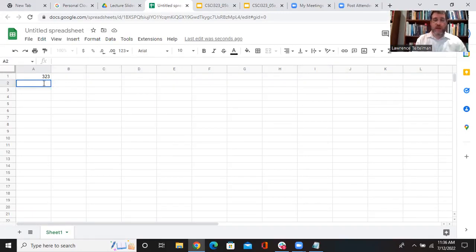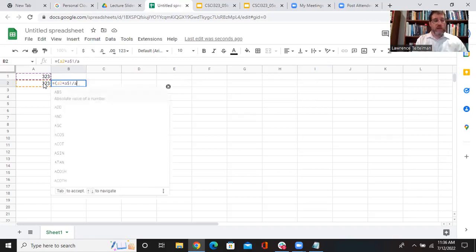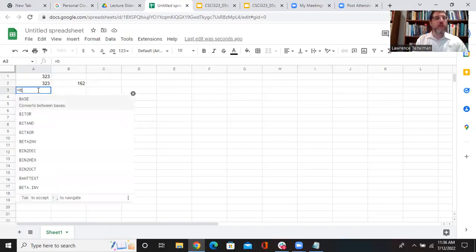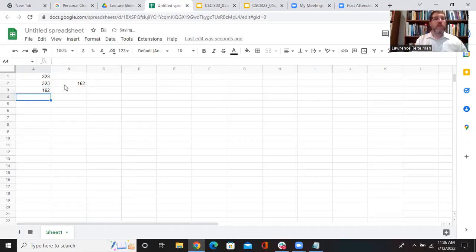Then we're going to say it's equal to A2 plus our N, which is A1, divided by A2, divided by 2. And then this is going to be our B. So we go over here and say that's equal to B2, and we pull that down.